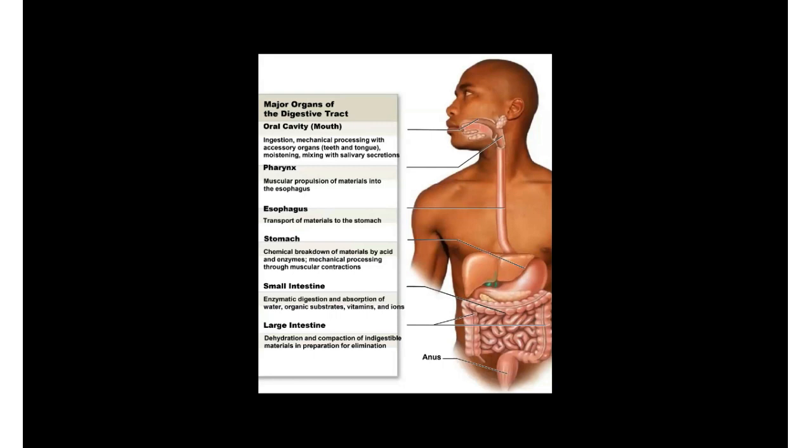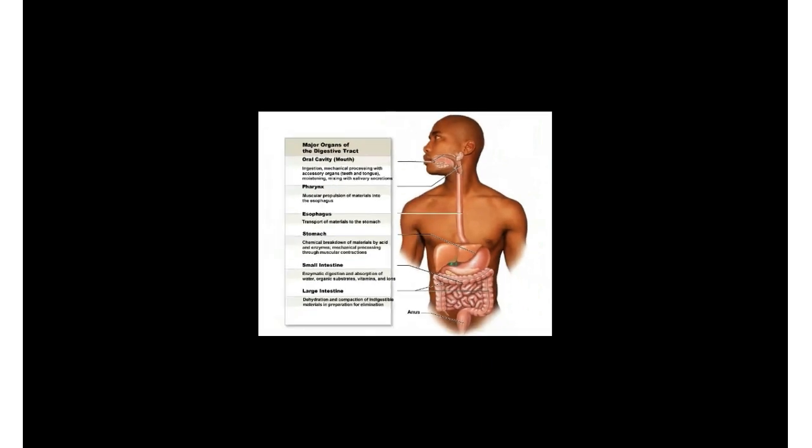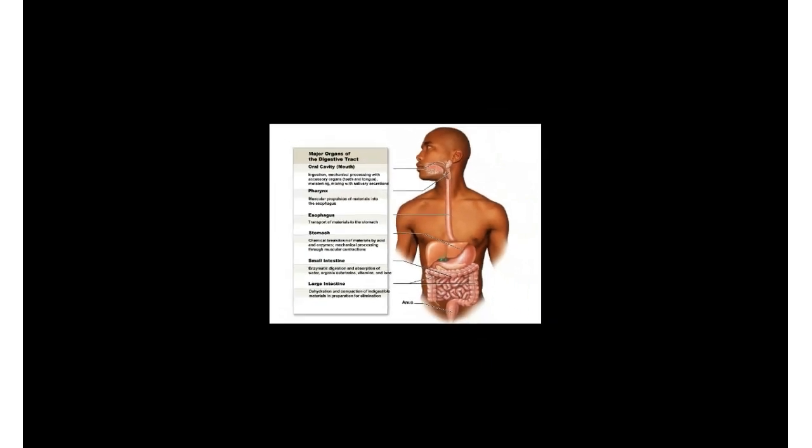The small intestine does enzymatic digestion and absorption of water and organic substances, vitamins and ions. The large intestine does dehydration and compaction of indigestible material in preparation for elimination. So this is in general what your digestive tract is all about. Okay.